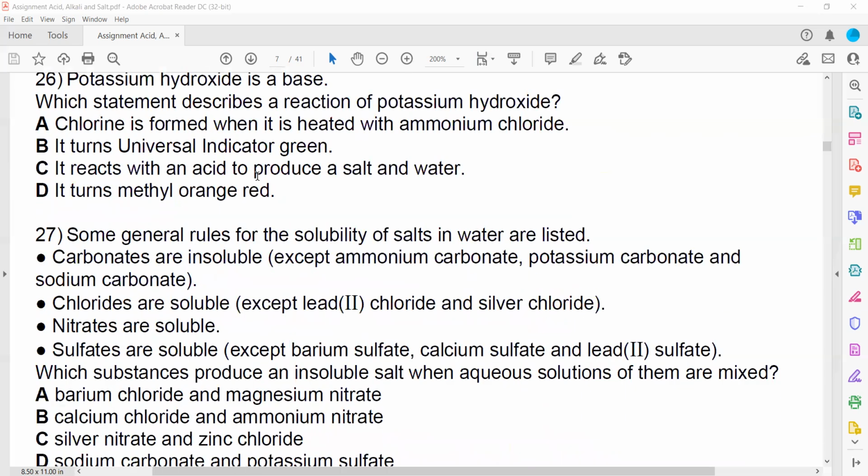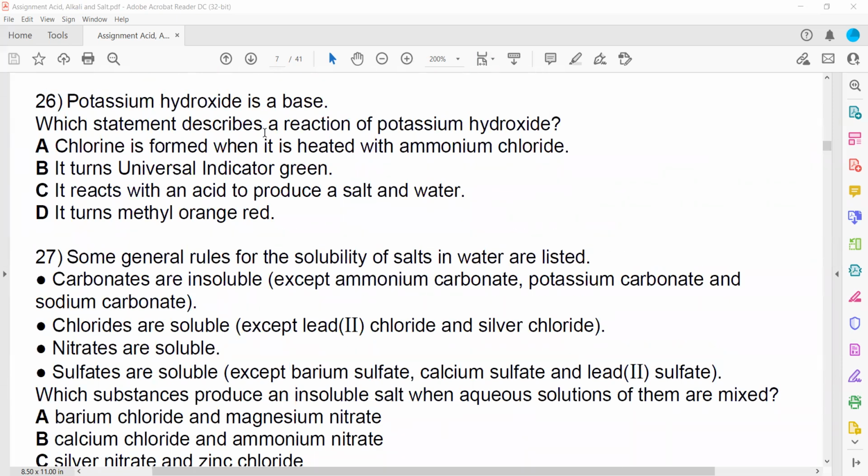In question 26, potassium hydroxide is a base. Which statement describes a reaction of potassium hydroxide? Chlorine is formed when it is heated with ammonium chloride.